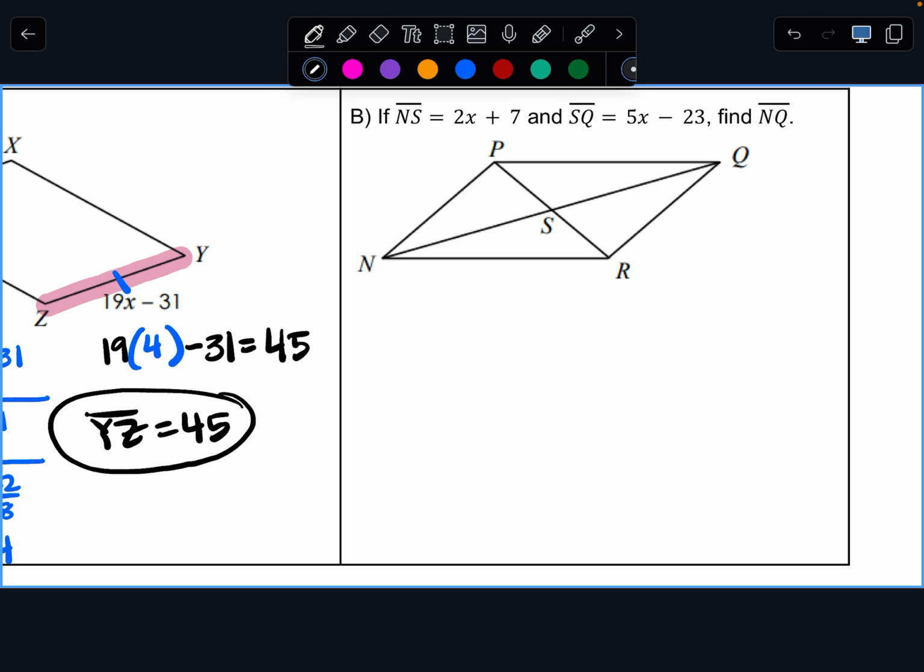Here's our parallelogram with diagonals. It says that NS is 2x plus 7, and SQ is 5x minus 23. It wants us to find the full length of this.